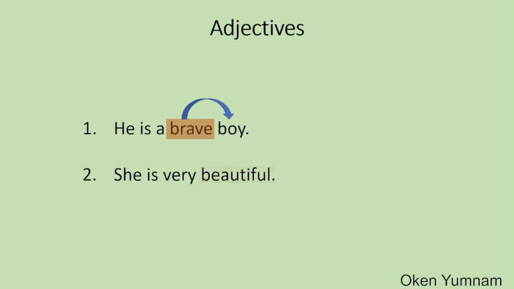In the second, she is beautiful. Here, beautiful gives us more information about she. She is of course a pronoun, but a pronoun is again nothing but a noun substitute. So we can say beautiful tells more about she, which is a noun substitute. So adjectives give us more information about a noun, or let's say a pronoun also, because pronouns are noun replacements.